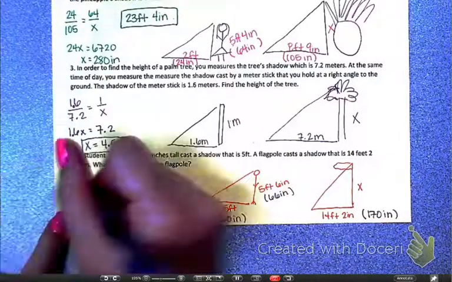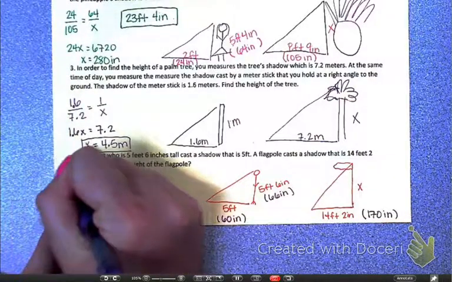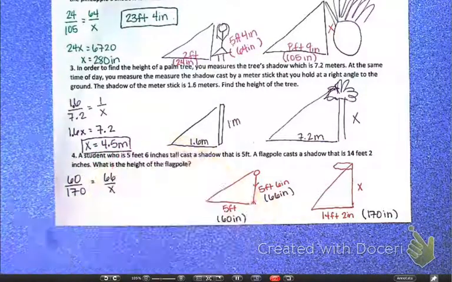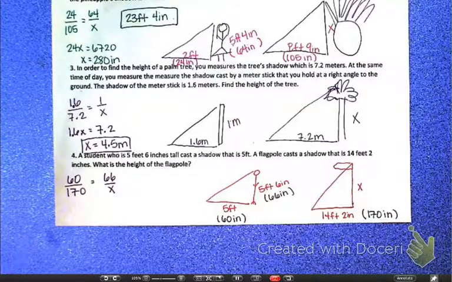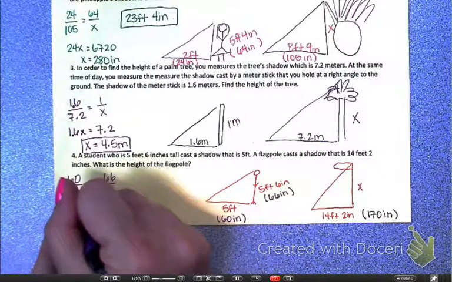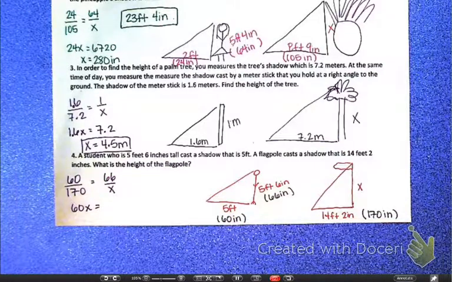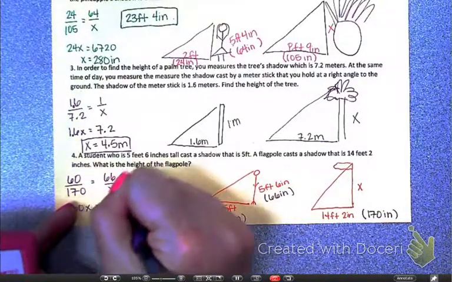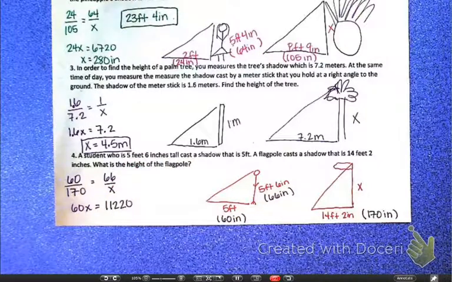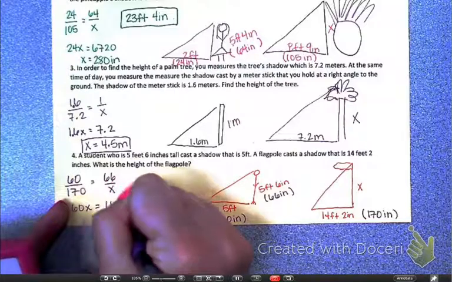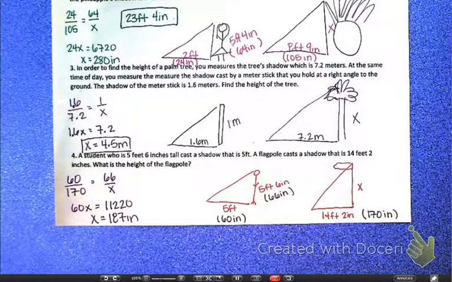So shadow to shadow, height to height. 60x equals 11,220, divided by 60 is 187 inches.